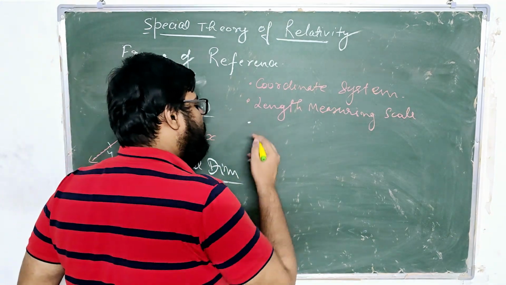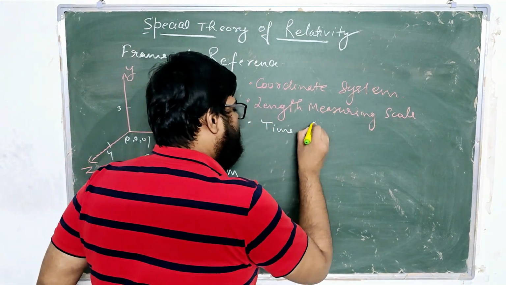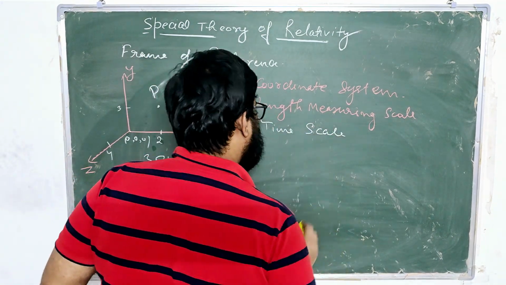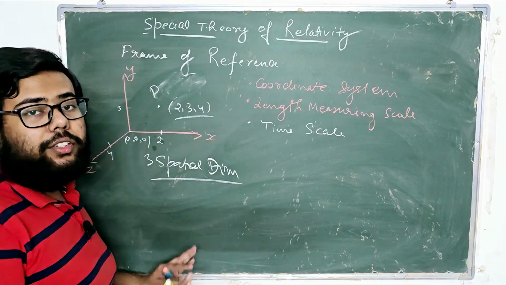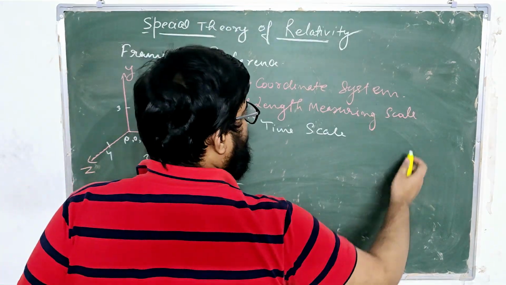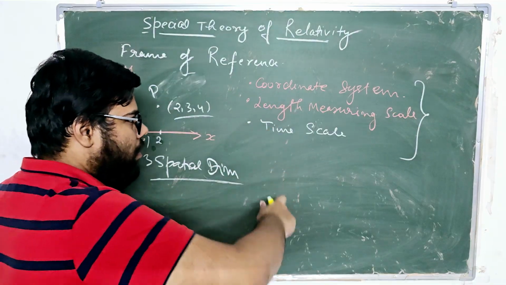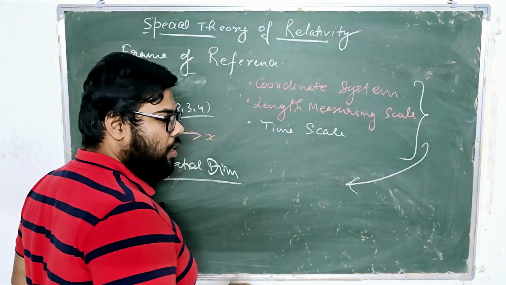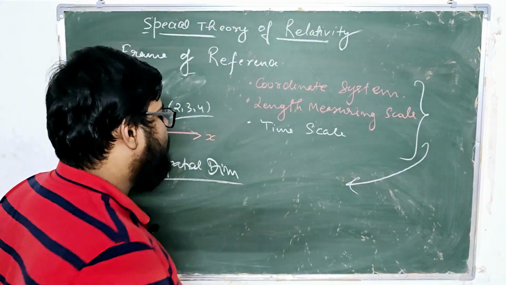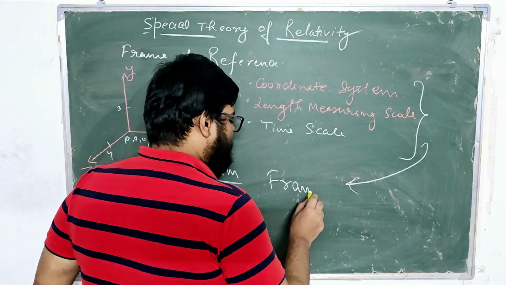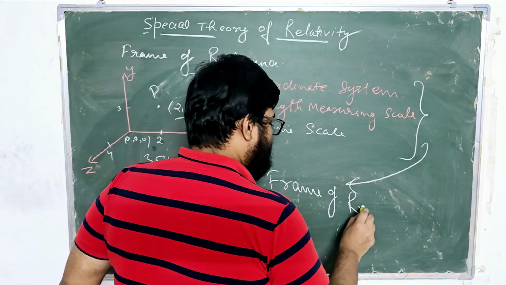So we need a time scale also, and of course someone is measuring it, it's obvious. So an observer is required. So if you combine these three things along with the observer, you get something called a frame of reference.